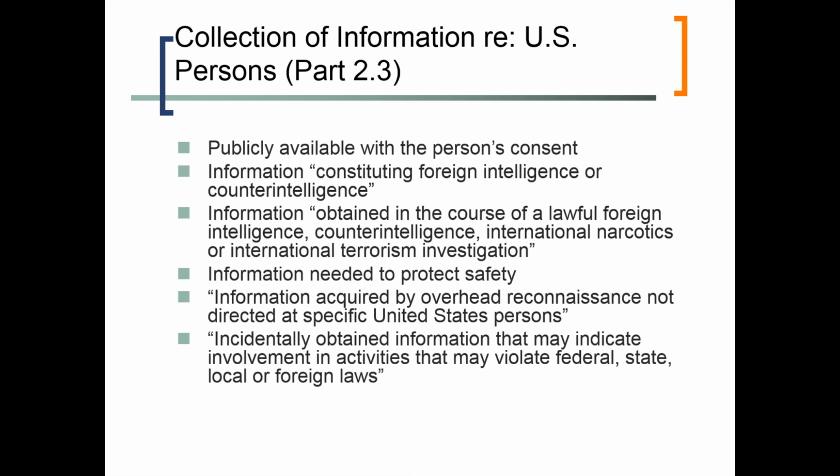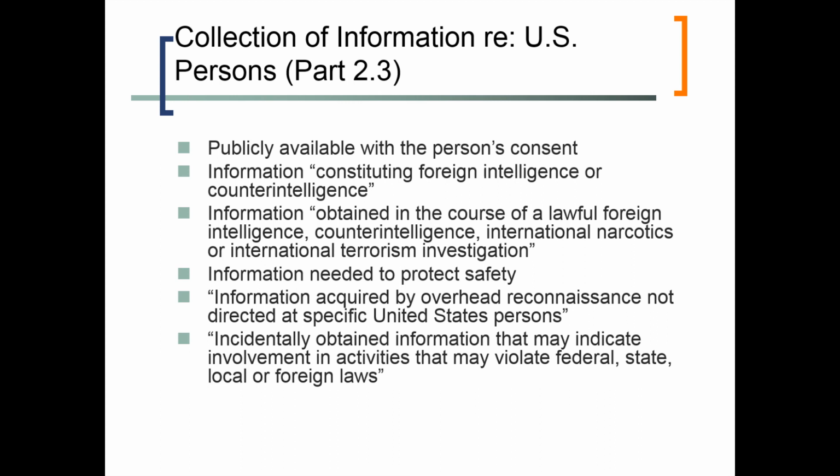Notice there are some broad categories of information that could constitute foreign intelligence or counterintelligence information, information obtained in lawful foreign intelligence or counterintelligence, information needed to protect the public safety, information acquired by overhead reconnaissance.